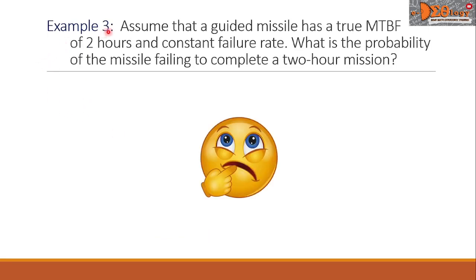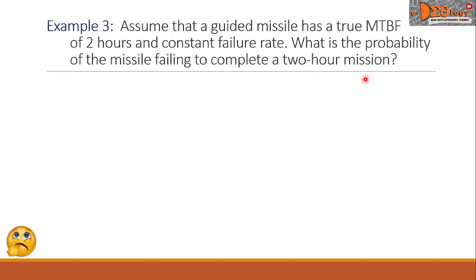Example 3. Assume that a guided missile has a true mean time between failures of 2 hours and constant failure rate. What is the probability of the missile failing to complete a 2-hour mission? Given is the MTBF equals 2 hours.